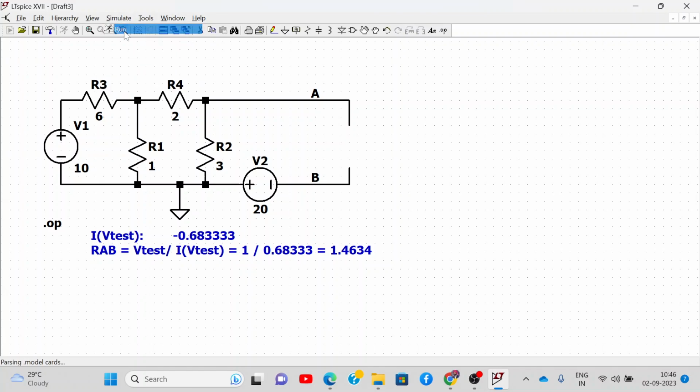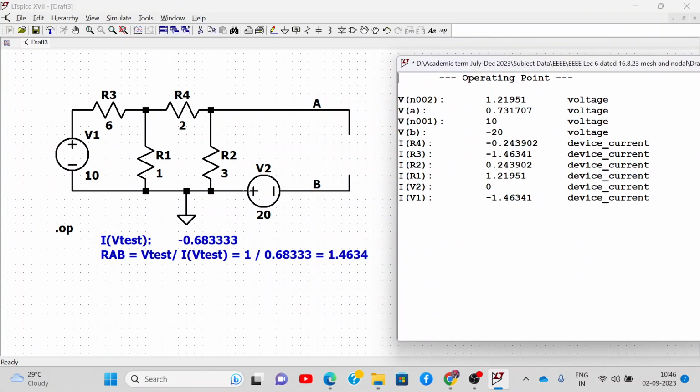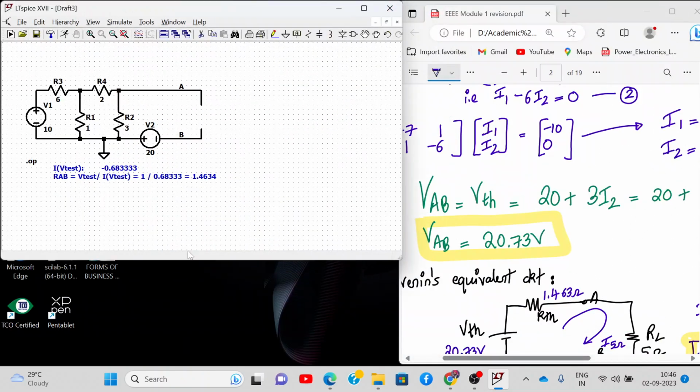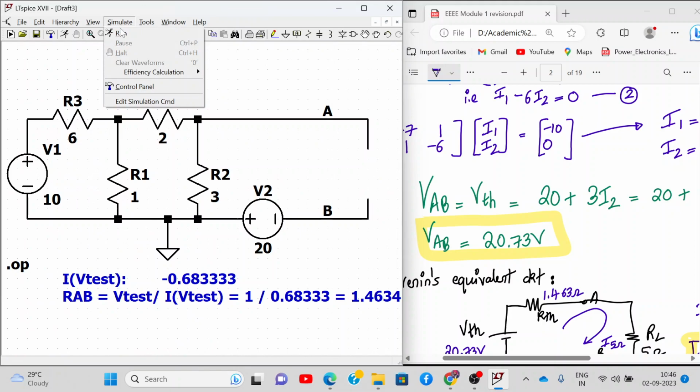I'll go to simulate and click on run. VAB is VA minus VB, so it's 0.73 minus minus 20. How much is that? 20.73, right? Are you following? See, again I repeat, I'll simulate, run.